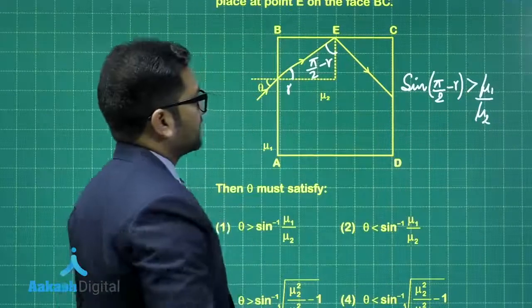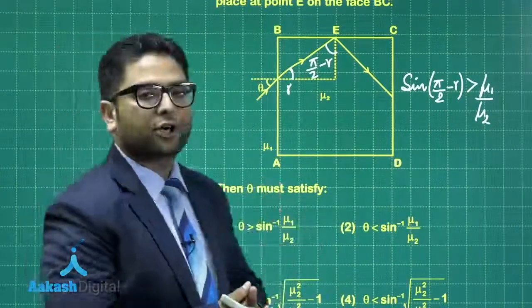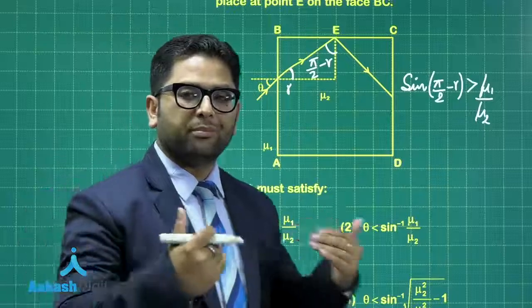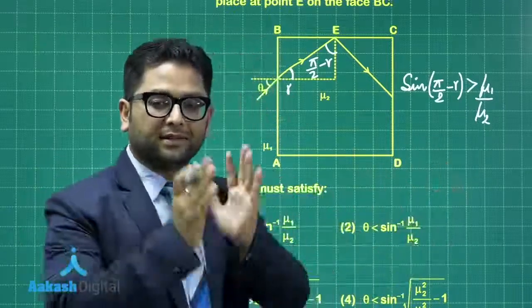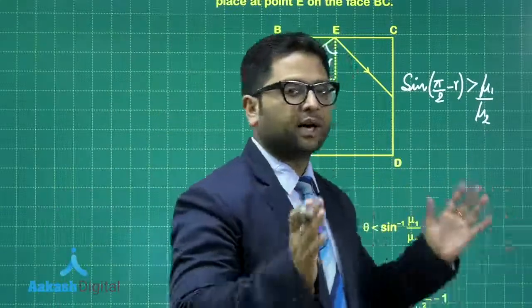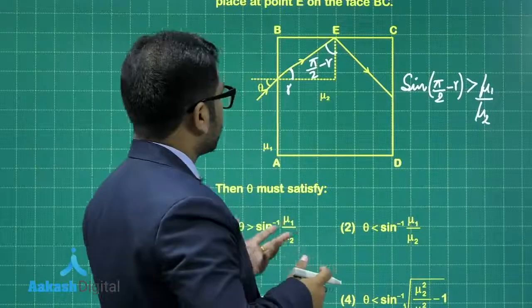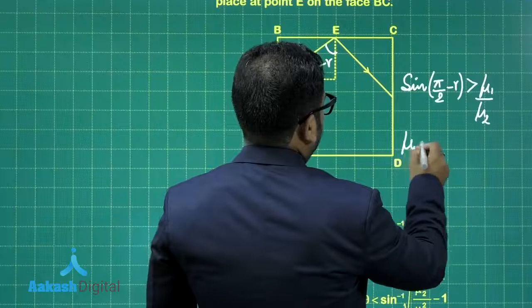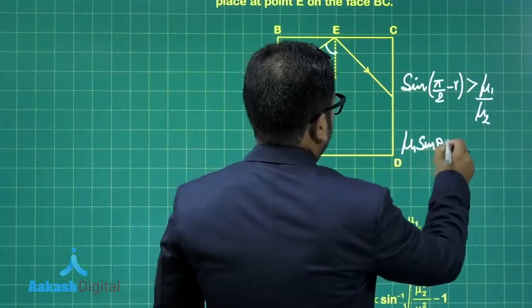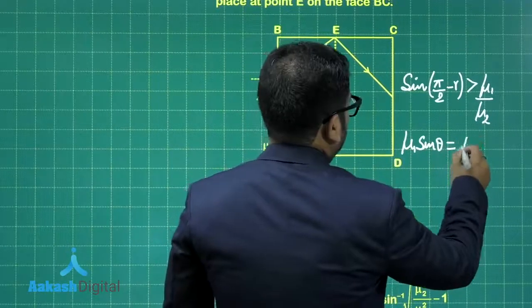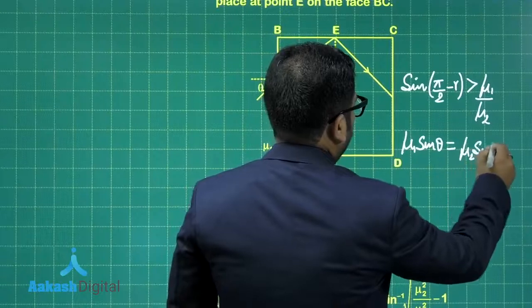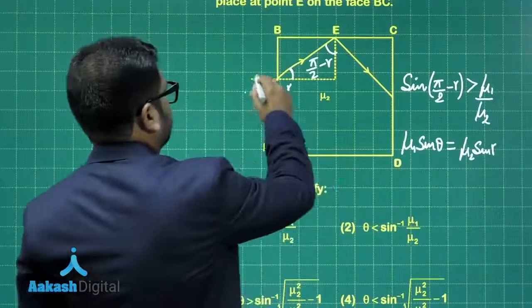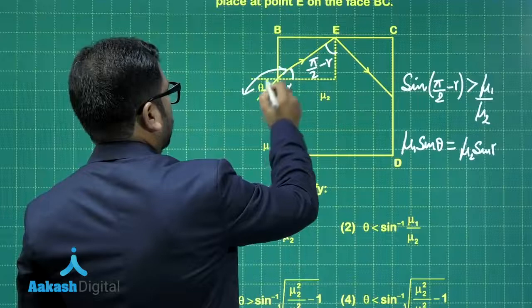That's the first condition. Sine of the angle of incidence greater than 1 by mu, where mu is mu denser by mu rarer. That's a condition which is required for TIR. Second, of course, it's very clear here that mu1 sine theta will be equal to mu2 sine r. The Snell's law between this and this angle.